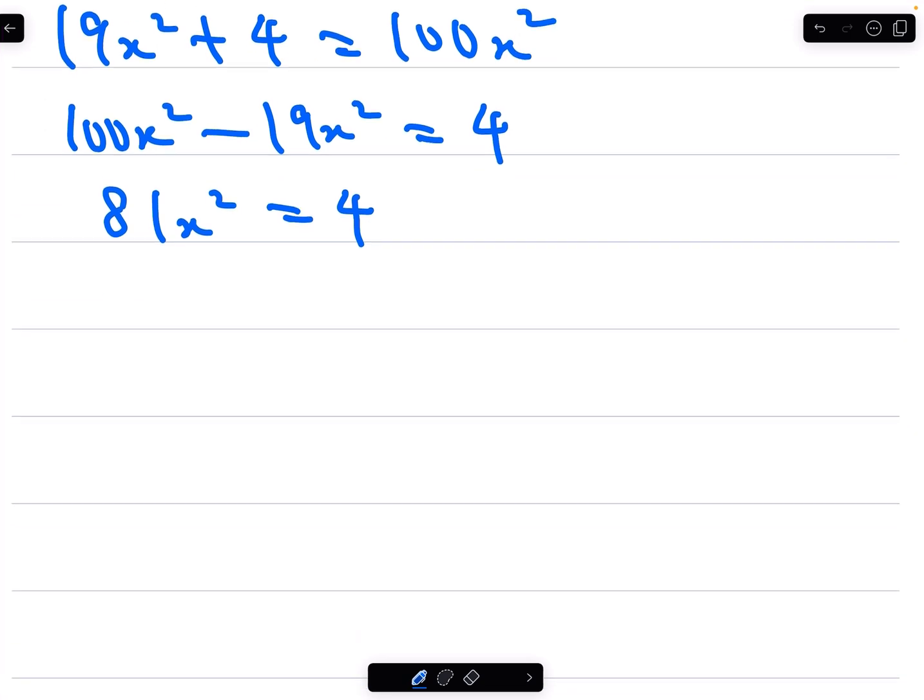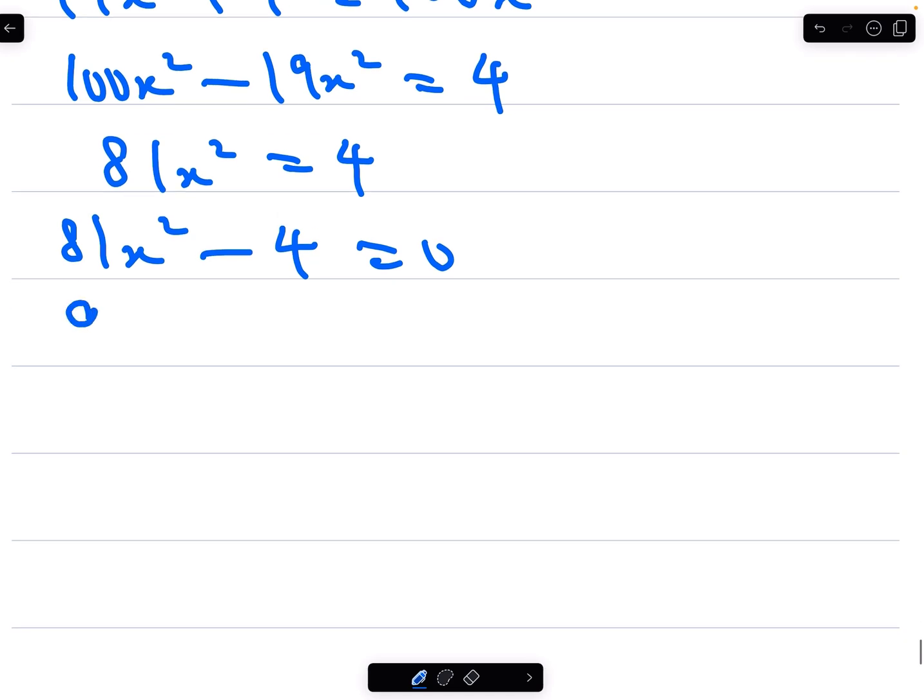We can find the square roots of both sides to get x, but I'd like to write it this way: 81x squared minus 4 equals 0. And now write it as a difference of two squares.